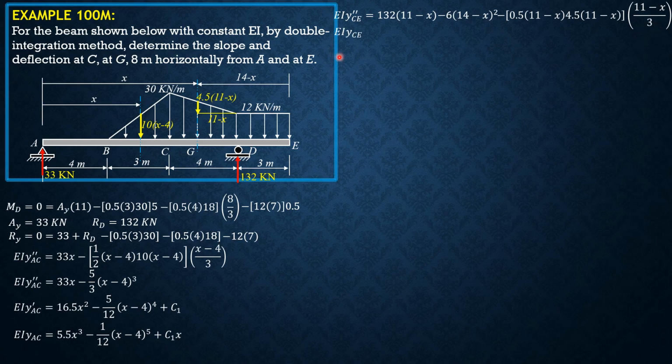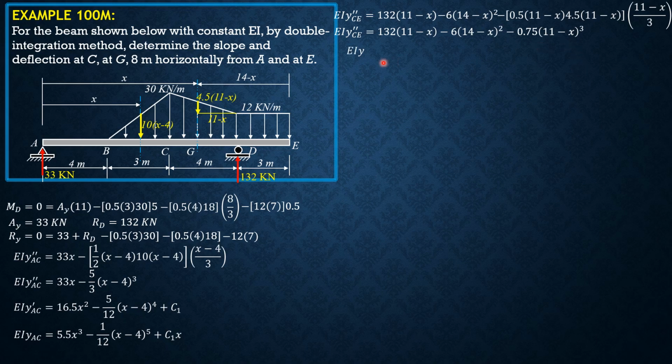Simplifying, EI y double prime CE is equal to 132 times 11 minus x, minus 6 times quantity 14 minus x squared, minus 0.75 of 11 minus x quantity cubed.